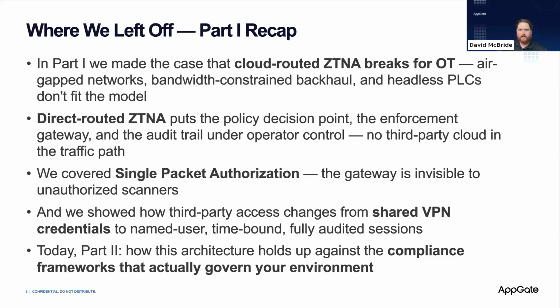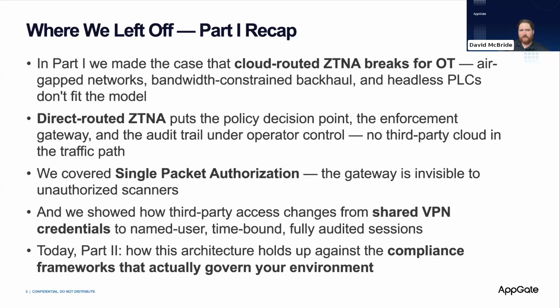The policy decision point, the enforcement gateway, the audit trail, all of it stays under your control. There's no third-party cloud sitting in the traffic path. We also covered single packet authorization, which makes assets invisible to unauthorized scanners, and we showed how third-party vendor access transforms from shared VPN credentials to named user, time-bound, fully audited sessions. That's the architecture, but today's question is, how does that architecture hold up when an auditor walks in the door?